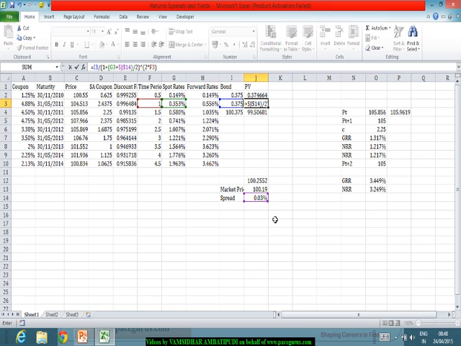I can add the spread at the spot rate layer or at a forward rate layer, it really doesn't matter. So I have added the spread, and this is giving me the price 100.21, but I want it to be around 100.19. So if I put 0.04%, probably it comes out to 100.195.